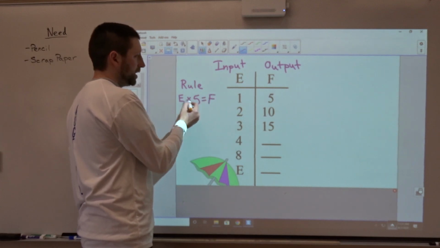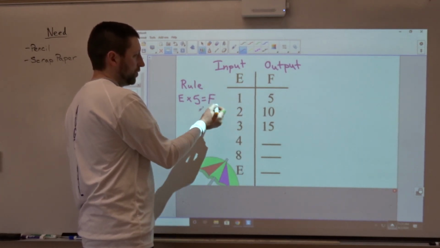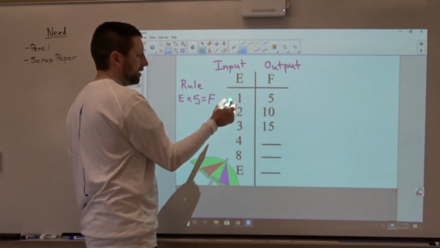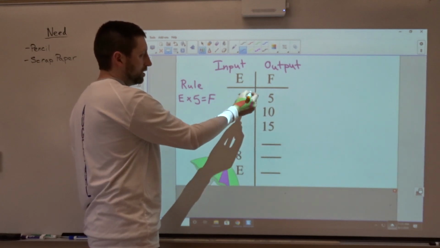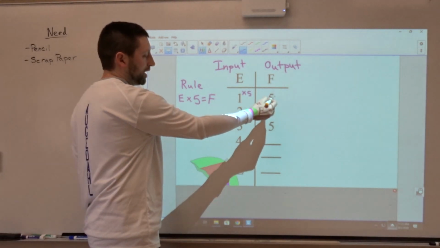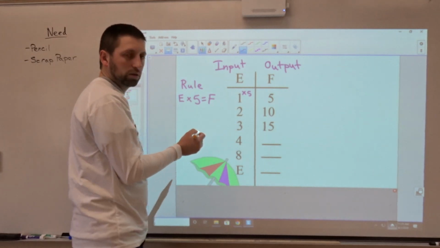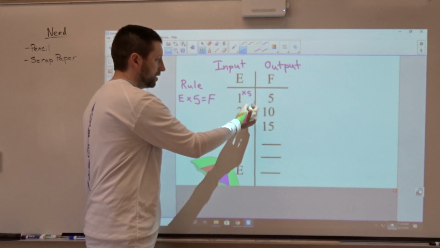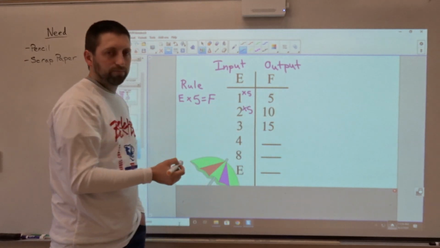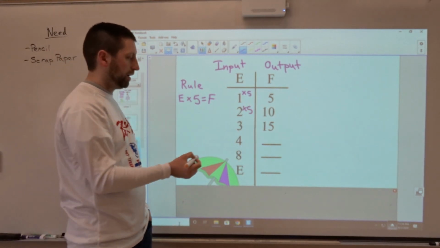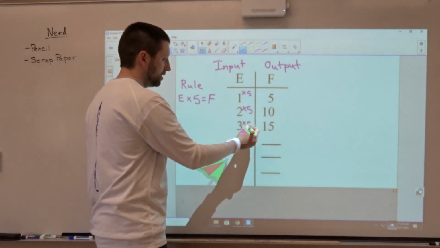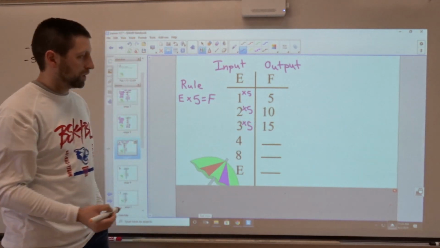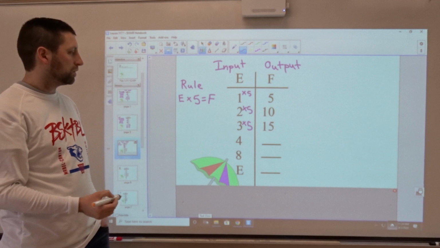So if we take E times 5, it will tell us what F is. 1 times 5 is 5. That's true. 2 times 5, well, that's true. That's 10. 3 times 5 is 15. So that's true. So it works for all three of those.